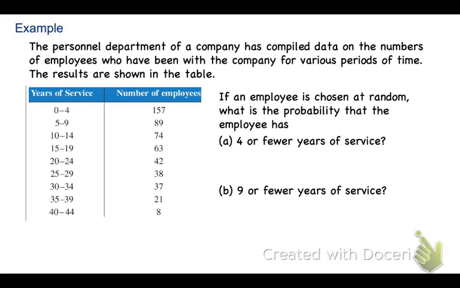Okay, a personnel department of a company has compiled data on the number of employees who have been with the company for various periods of time. The results are shown. If an employee is chosen at random, what is the probability that the employee has 4 or fewer years of service?